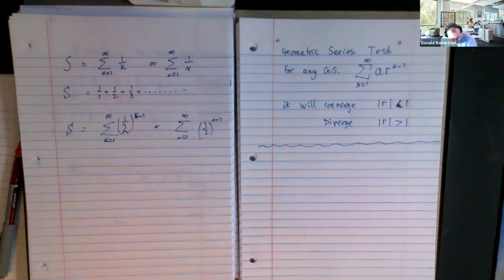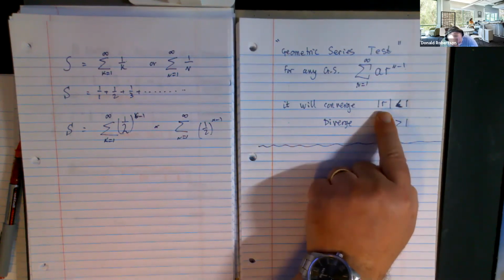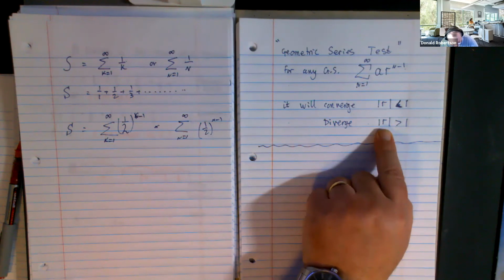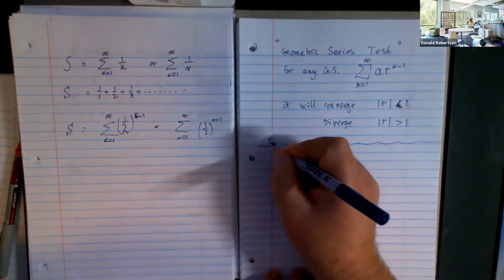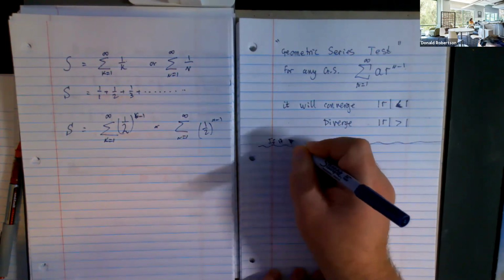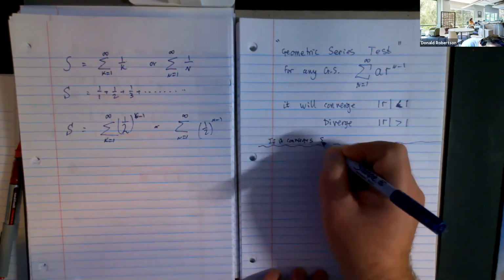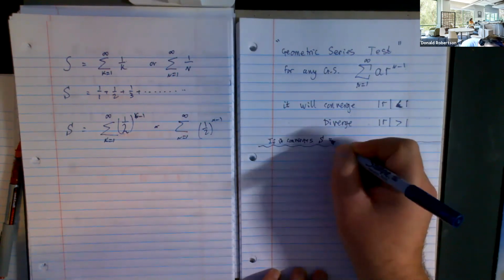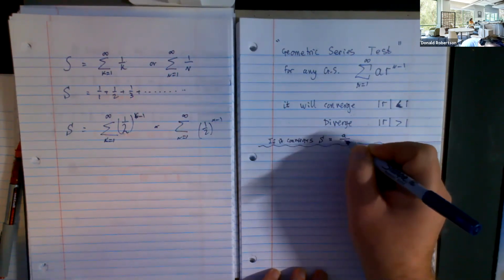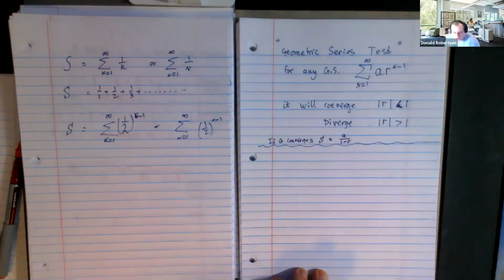So a geometric series test says if you've got a geometric series and this guy is less than 1, it will converge, and if this guy is greater than 1, it will diverge. And if it converges, the sum of that series will actually be whatever a over 1 minus r is.